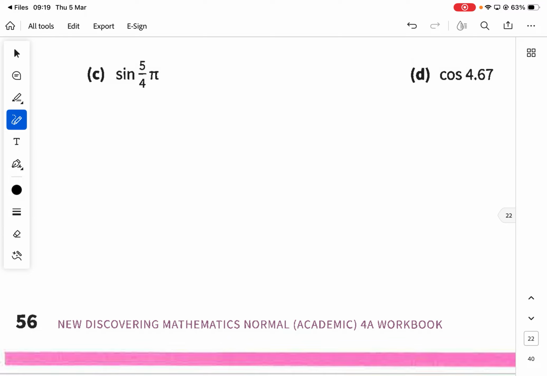So what they want is actually the radian. This one is telling you that you can get the degree also by pressing the same thing, just a different mode on your calculator. Okay, try the rest of the questions. 5B, C, D.